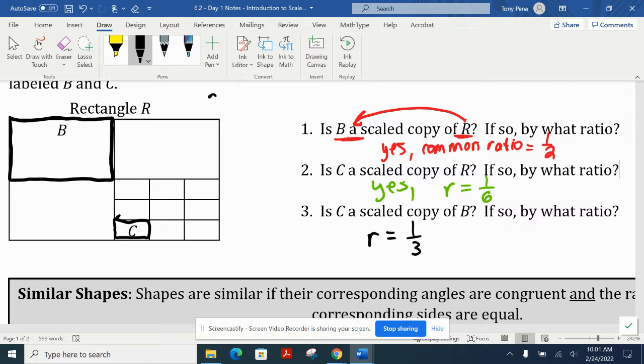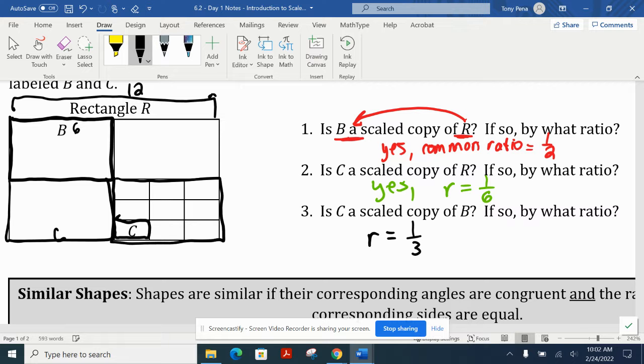So like if you made rectangle R 12, and then B would have been 6, and C would have been 2. Okay, so she kind of used some numbers like I did to rationalize all of this. So she said this was a 12. So if she made that 12, then she understood that letter B here would have been a what? A 6. Well, isn't this guy also going to be a 6? Wouldn't this one over here also be a 6 overall?